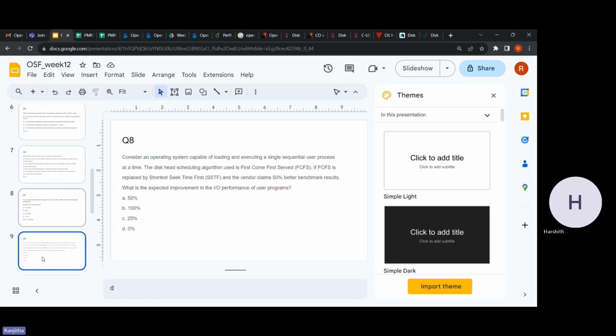There is no buffering or queuing. Scheduling comes in when there is buffering and queuing. So the expected improvement in the IO performance of the user program will be 0%, because it is a single sequential user process. After one request is served, the next will be taken up. So that will not have any impact on the IO performance of the user program.